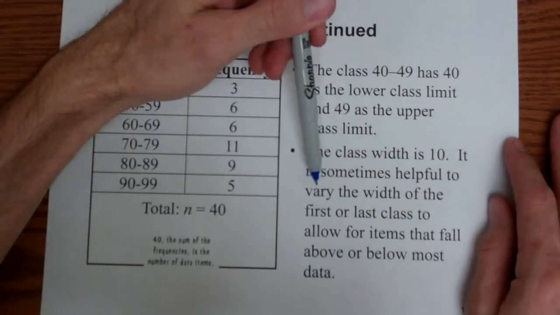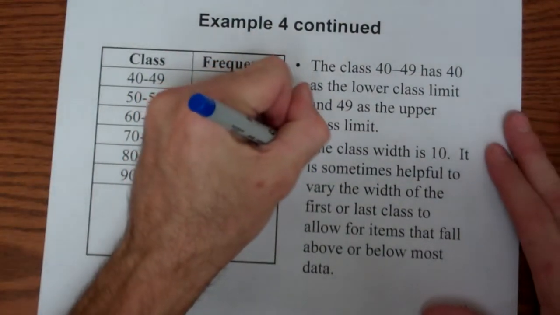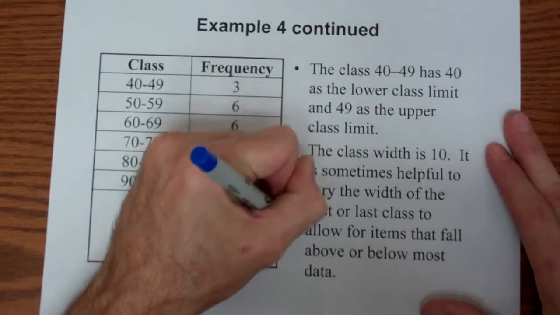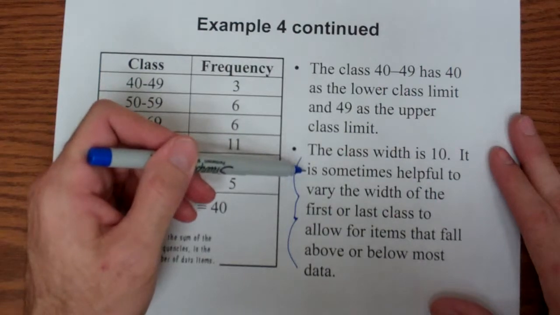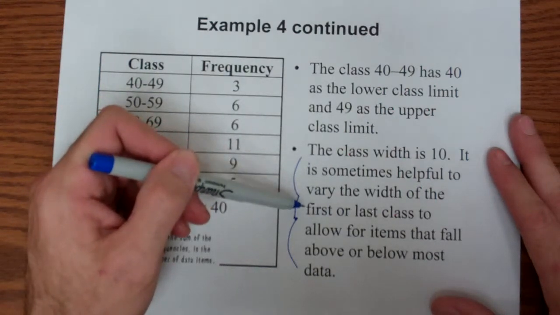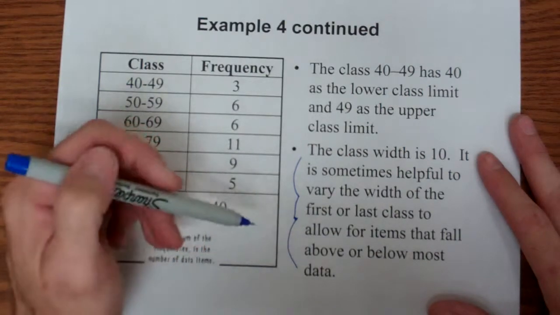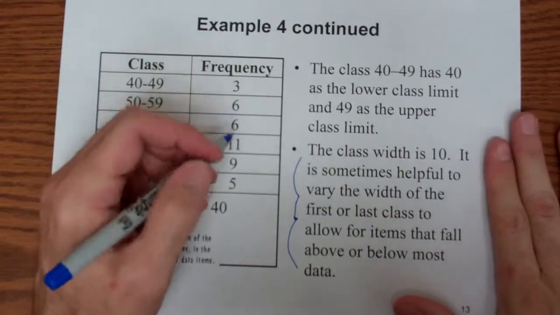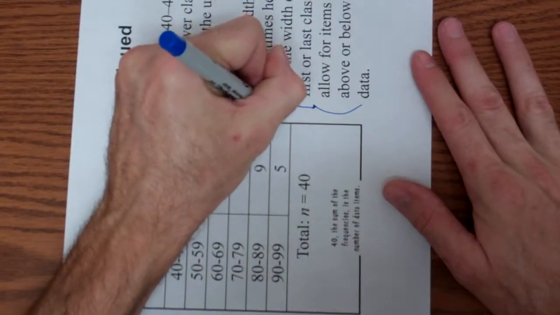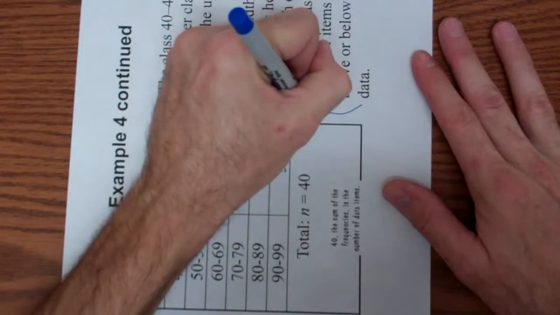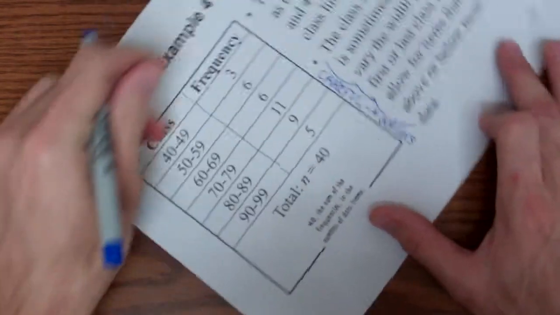It is sometimes helpful to vary the width. So I disagree with this, okay? I think that this is very bad. I know that Blitzer says it is sometimes helpful to vary the width of the first or the last class to allow for items that fall above or below most of the data, but you have to be super careful about this, because what he's talking about is outliers, okay?